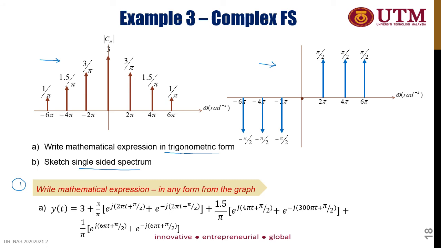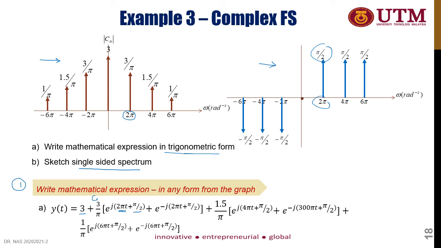Start with C naught, which equals 3, plus C1 e^(j omega naught t) for the first one, positive omega naught. The phase at 2 pi is positive pi over 2, so that's why it is positive pi over 2.